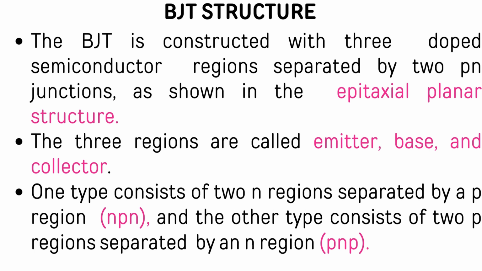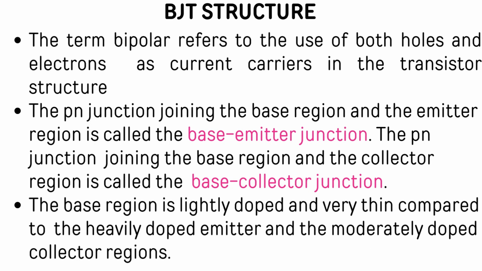One type consists of two N regions separated by a P region, called NPN, and the other type consists of two P regions separated by an N region, called PNP. The term bipolar refers to the use of both holes and electrons as current carriers in the transistor structure.